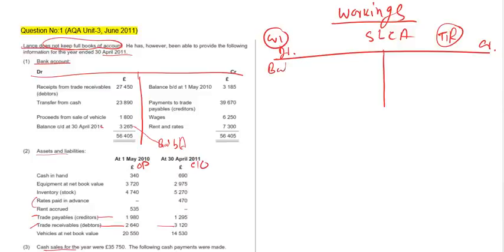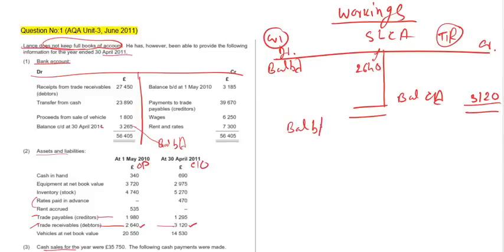So balance BD, 2640. Balance CD is 3120 on the other side. As we know, as soon as we get balance CD, it becomes balance BD on the other side.